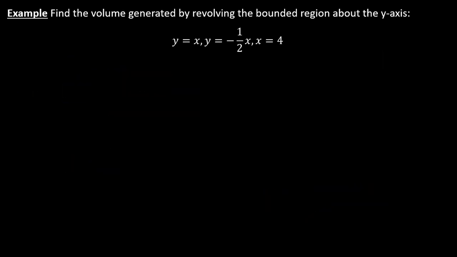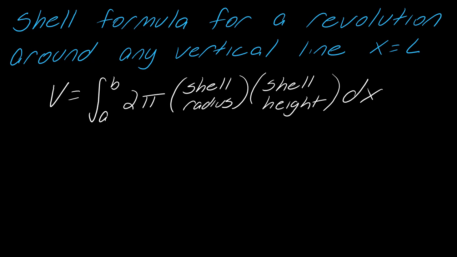So now let's actually talk about some other situations here. Okay, so we're going to find the volume generated by revolving the bounded region about the y-axis. When you are rotating something about a line, remember it was some line x equals L. This is really anything that's parallel to the y-axis.